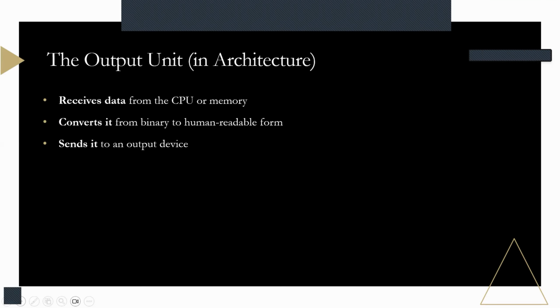Okay, my name is Otno Jusi, and I'll be taking the output unit. It receives data from the CPU or memory. It also converts data from binary to human readable form. It also sends the data to an output device. Next slide.